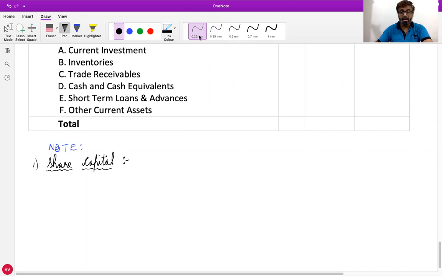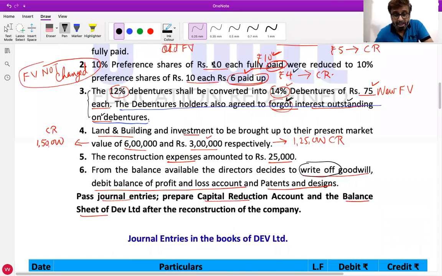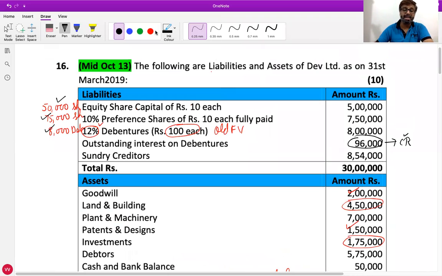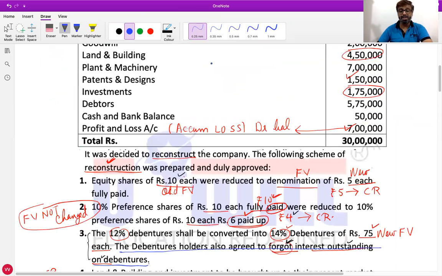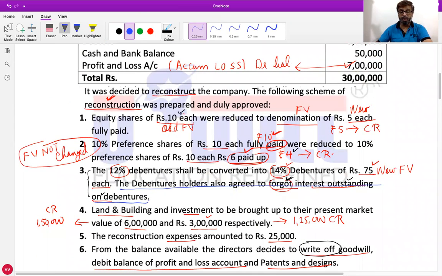Now, all of you see in the previous balance sheet, how many equity shares are there? You can unmute and answer. How many equity shares are there? 50,000. Now in adjustment 1, equity shares are reduced from 10 rupees to 5 rupees, right?